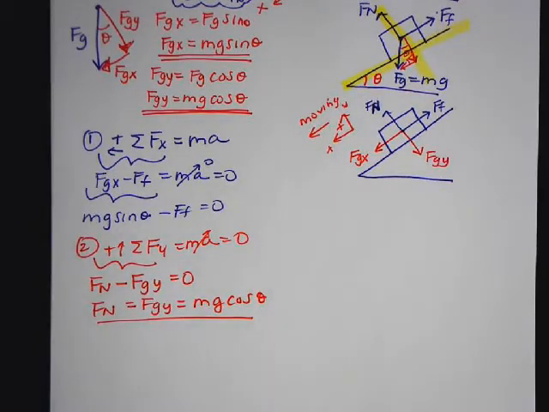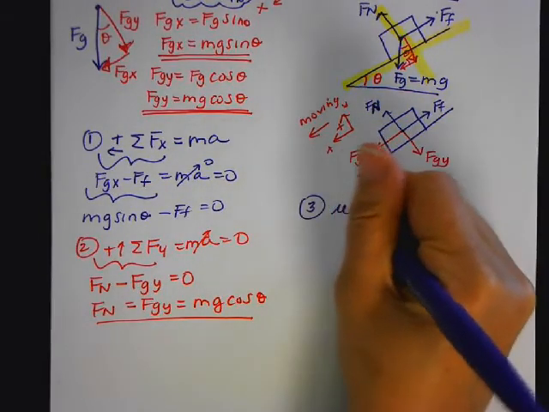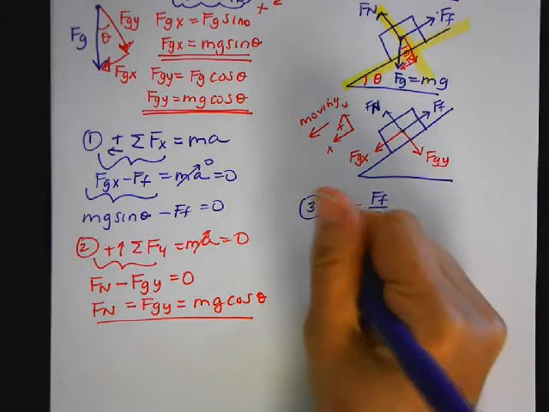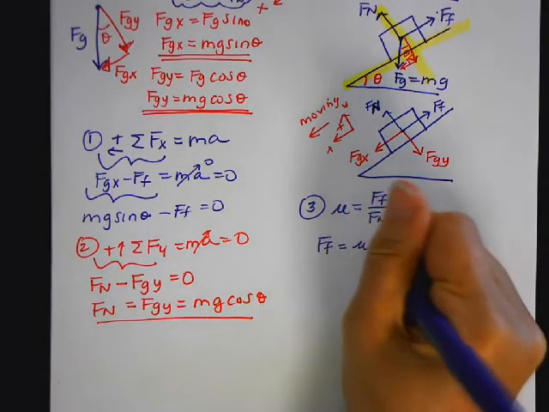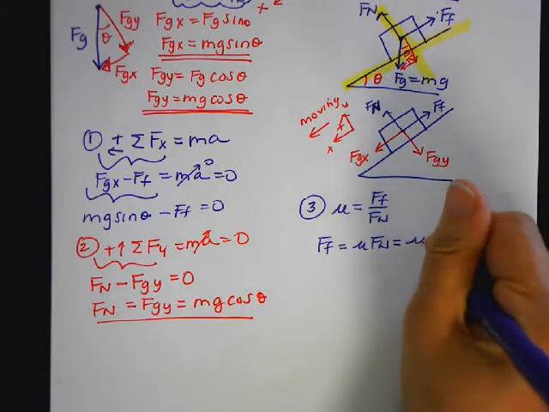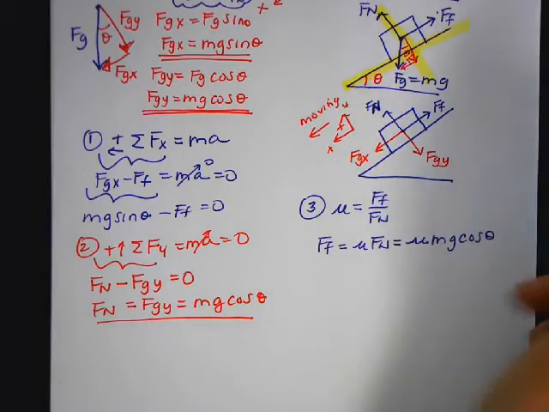What's the third thing that I do? The third thing that I do is I say mu is equal to F of f over F of n. So F of f is equal to mu times F of n. So that's equal to mu mg cosine theta. That's what F of f is.